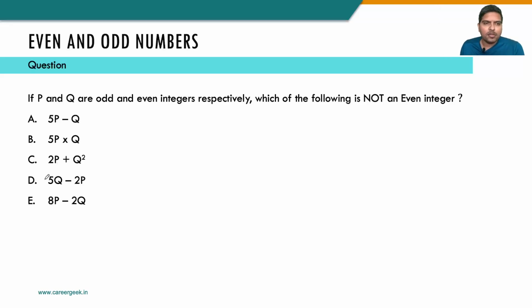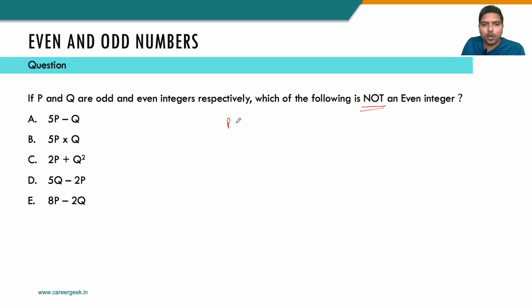Now, next question. If P and Q are odd and even integers respectively, which of the following is not? So the best way for this type of question is that you assume some values, right?